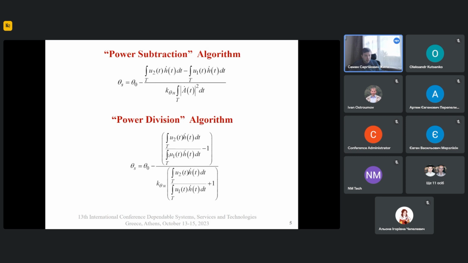In this case, we can eliminate this problem using this division. But the other type of algorithm is also almost the same. Also, we can measure theta s.